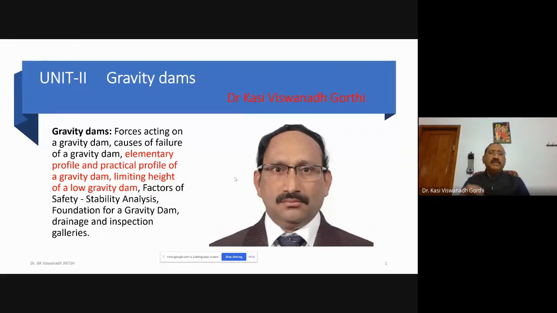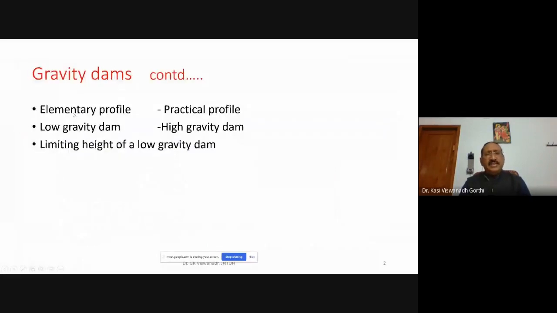In today's lecture, we concentrate on two important topics: the elementary profile and practical profile of a gravity dam, followed by the limiting height of a gravity dam. We see what an elementary profile and a practical profile are, followed by low gravity dam and high gravity dam. It is not a simple numerical value to specify how high a gravity dam should be.